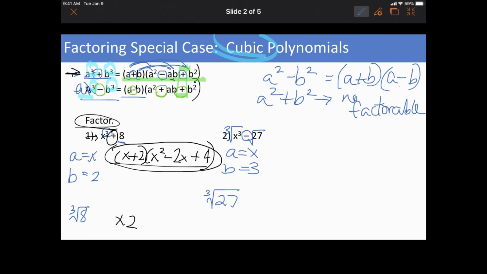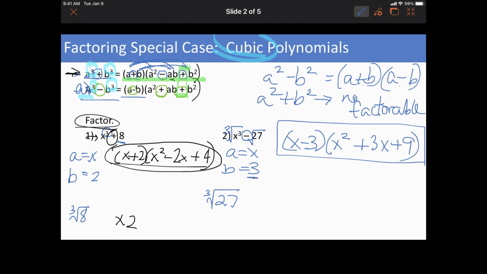It's going to stay a minus, so it's a minus b. So again, we want it to be the same sign. a squared times a and b, and it's always plus. So it's 3x and then b squared, which is 9. Remember, always simplify. There you are.